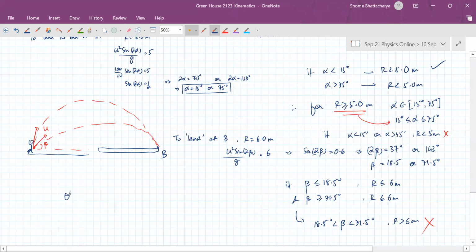So theta such that the range is greater than or equal to 5, but at the same time less than or equal to 6 meters. So for that, theta has to belong to either the interval from 15 degrees to 18.5 degrees, or it has to belong in that interval from 71.5 degrees to 75 degrees.